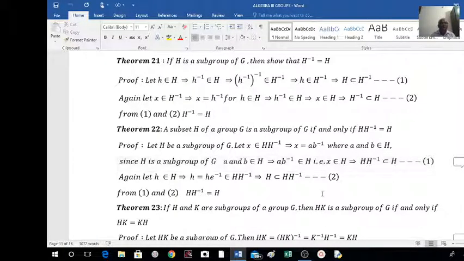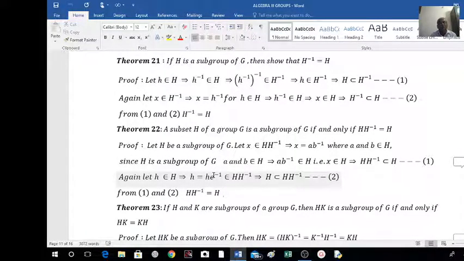Next, I want to prove that H is a subset of HH inverse. Therefore, I will take an element and show that it belongs to HH inverse. So let h belong to H. Can we write h equal to h e inverse? Yes, because e is the identity element, h can be written as h e inverse. Does e belong to H?